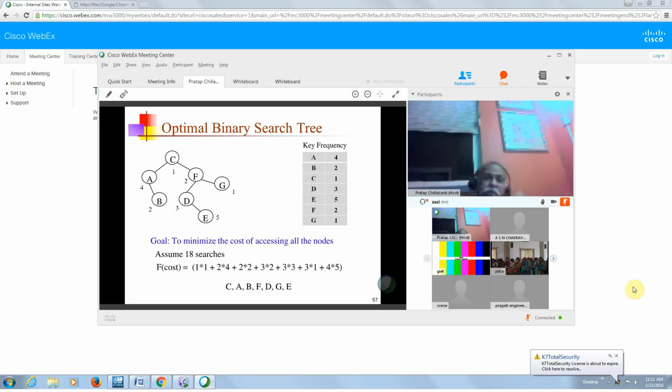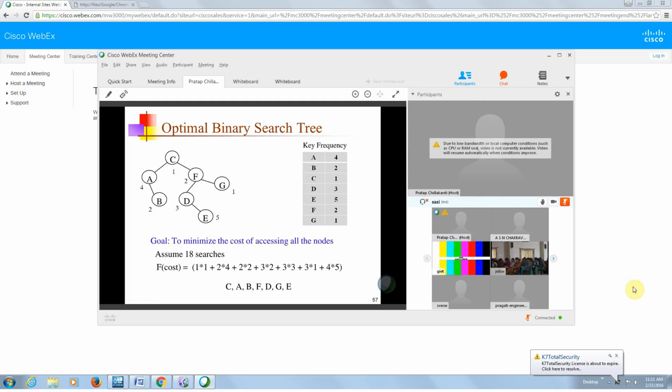Okay. Now you see this thing here called key frequency. What is this key frequency? What it says is precisely what I explained in the previous slide. You know how frequently the search can happen.